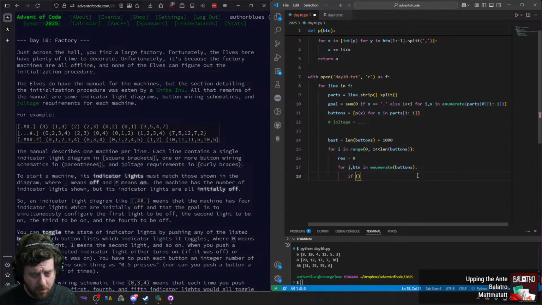If i and 1 left shift j, I know and has weird precedence rules in Python, does not equal 0, then res invert button.